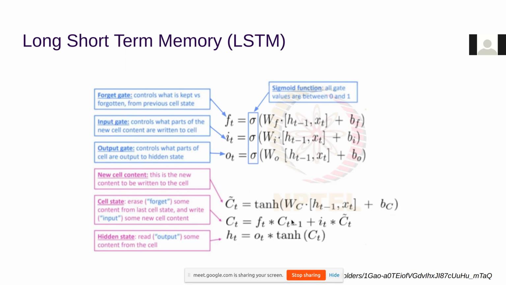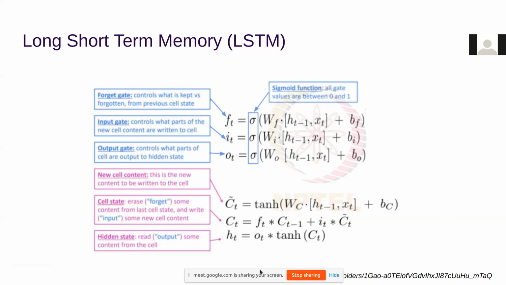So CT minus 1 is the old cell content, CT tilde is the cell content computed with respect to the current input, and the final cell content is some combination of these two, which is being decided by the output of the forget gate and the input gate. Similarly, HT, which is the hidden state here, will depend on the current cell content, but it will again be controlled by the output of the output gate.